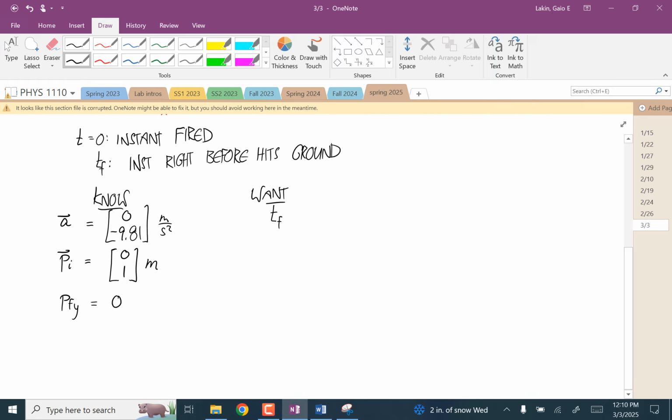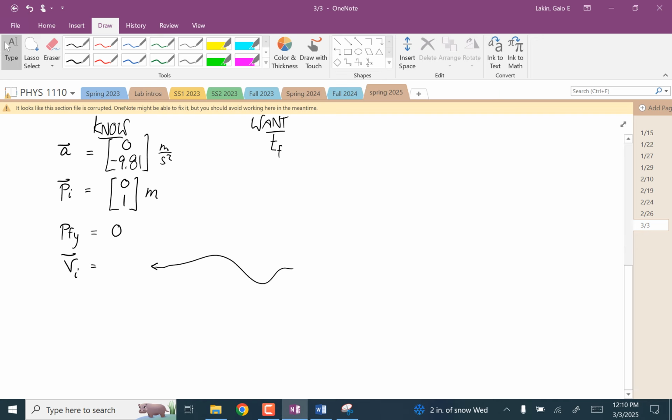The initial velocity now, this is where very commonly you have to use a speed and an angle to calculate this, and that's what we're going to have to do here. So this is going to be 800 times the cosine of 3 degrees, and then 800 times the sine of 3 degrees.